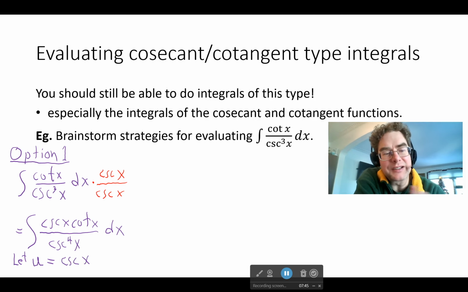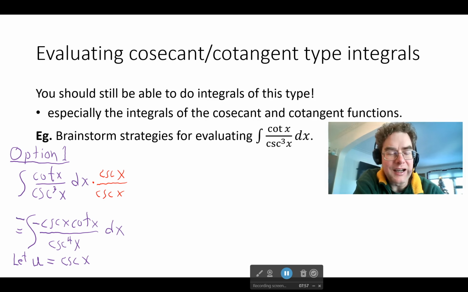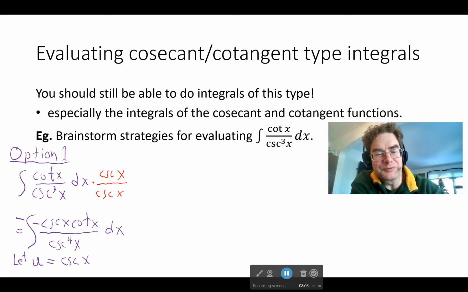There's a minus sign as well that we have to deal with. One way to deal with it is to put a minus sign outside the integral and a minus sign inside the integral. Those balance out, and now we would have the exact derivative of cosecant x in our numerator. So that's option one. Looks pretty promising.